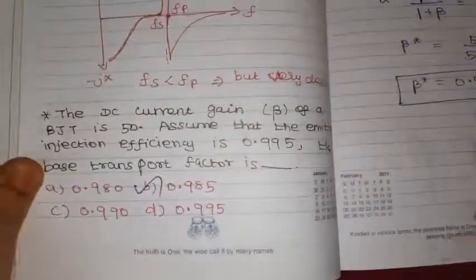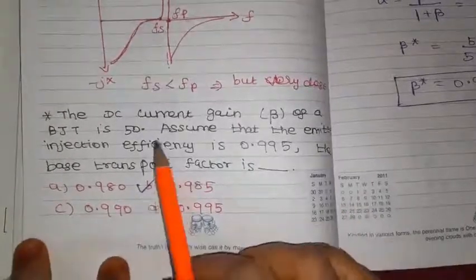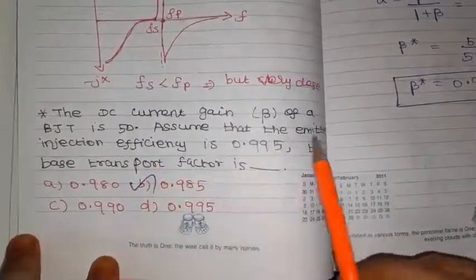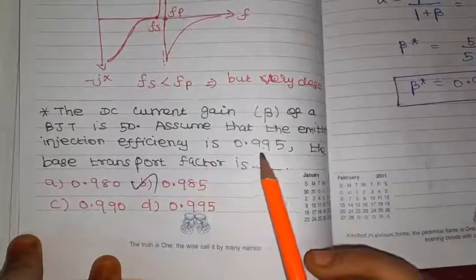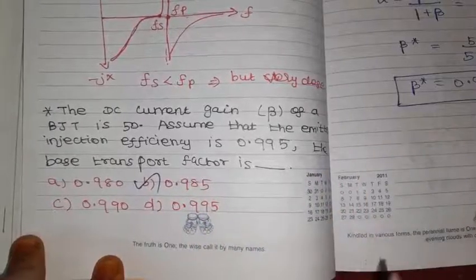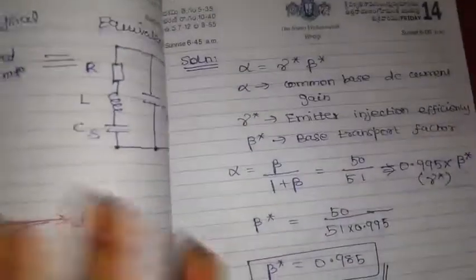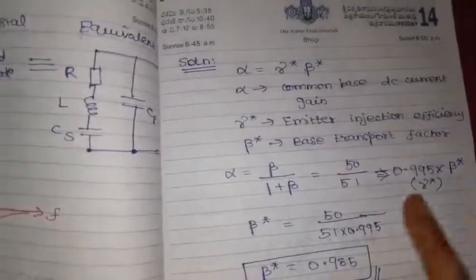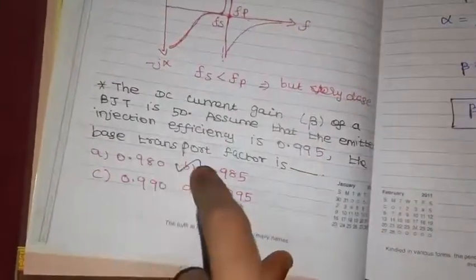Then this one: the DC current gain beta of a BJT is 50. Assume that the emitter injection efficiency is 0.995. We need to find out the base transport factor. We know one relation with efficiency: emitter injection efficiency, base transport factor and alpha.